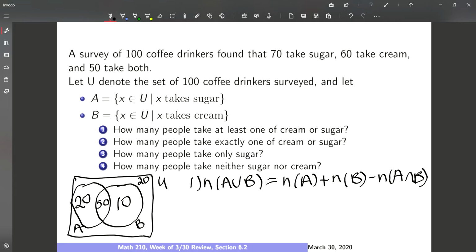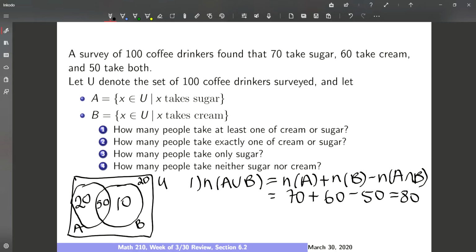So if we were to use that formula, then, well, we would get number of people in the set A, well, we know that's 70. Number of people in the set B, that's 60. And then minus the number of people who take both, that's 50. Right? And then, right, so what would you get? You'd get 80.